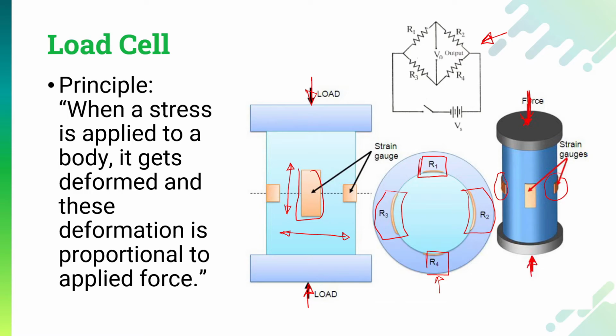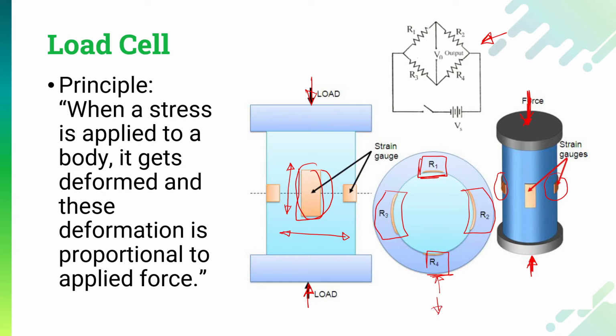Basically, whenever the compressive load is applied, the vertical gauges R1 and R4, which you can observe over here, go under compression, or we can say the negative strain. Therefore, the resistance of these two, R1 and R4, will decrease.